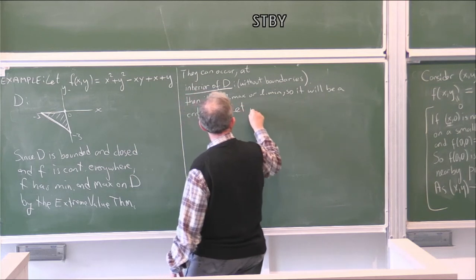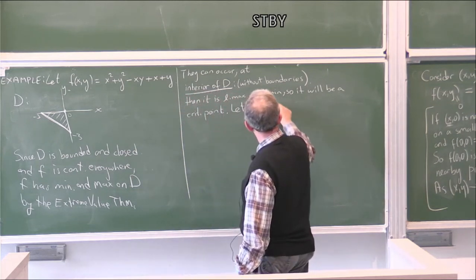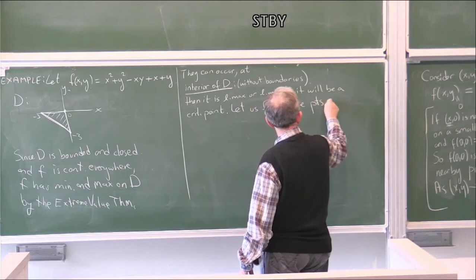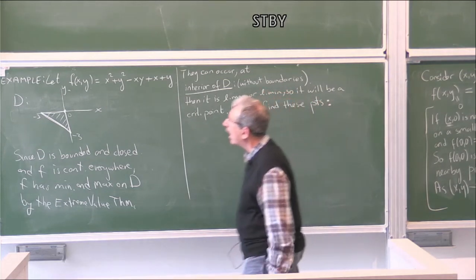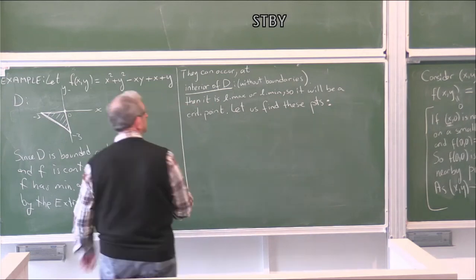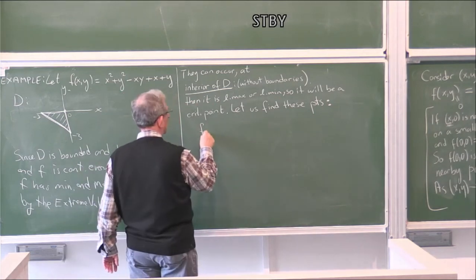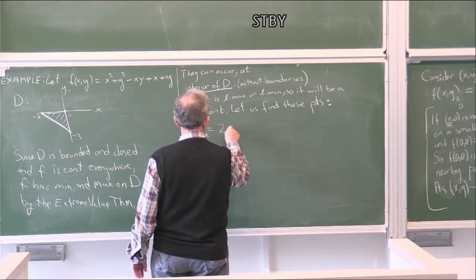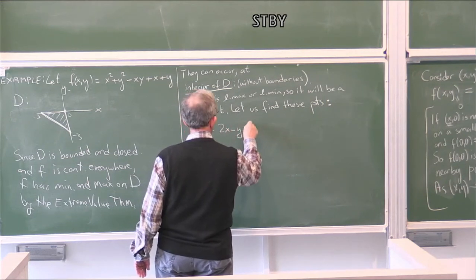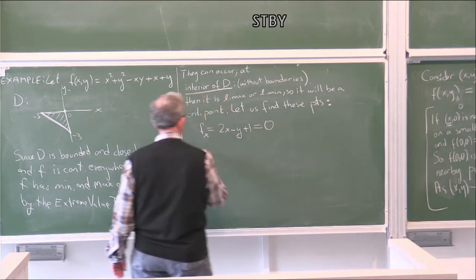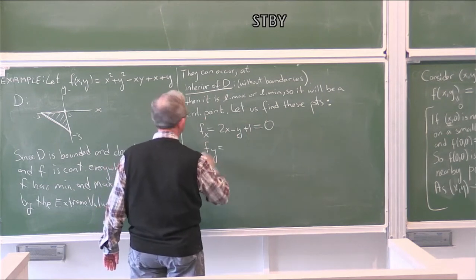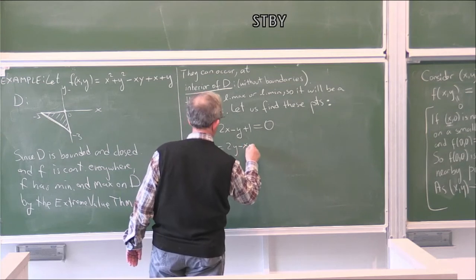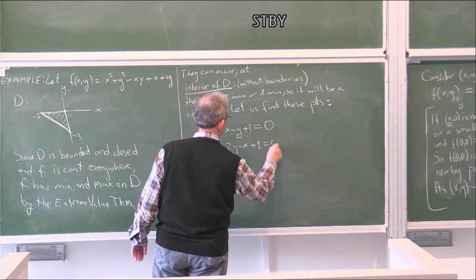Okay, let us find it. Okay, how can we find them? Well, take derivatives, okay? f sub x, which happens to be 2x minus y plus 1, should be 0. f sub y, which happens to be 2y minus x plus 1, equal to 0.